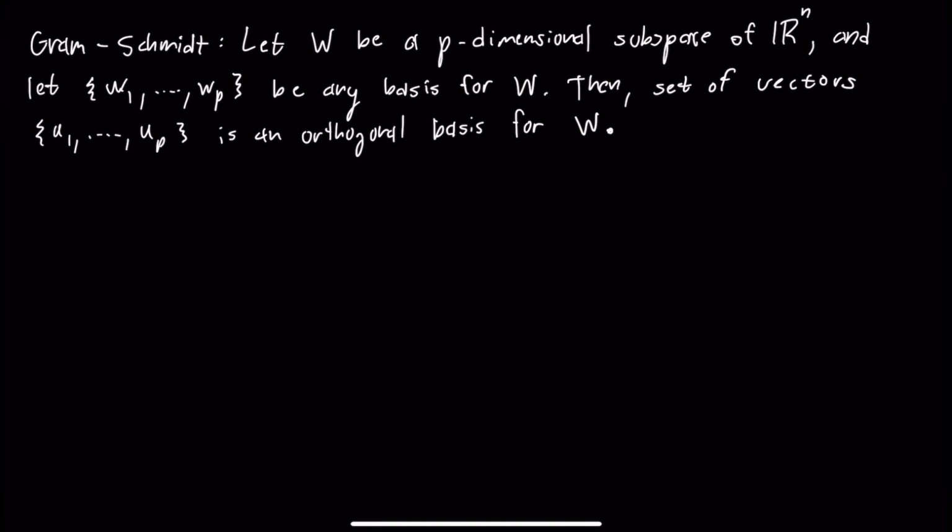Now Gram-Schmidt states that we let W be a p-dimensional subspace of Rn. Let W1 through WP be any basis for W, and the set of vectors U1 through UP is an orthogonal basis for W. From previously, since it's an orthogonal basis, we can write W as a linear combination A1 U1 plus ... plus AP UP.